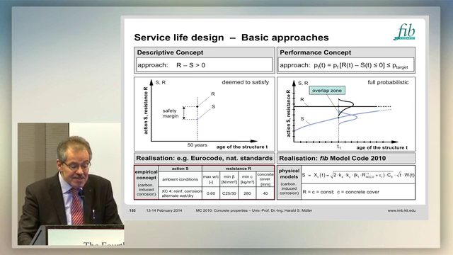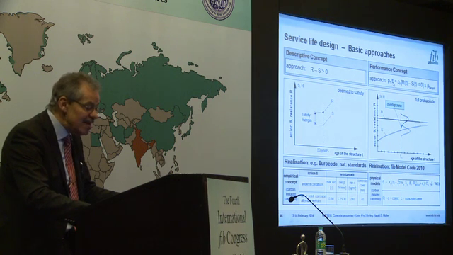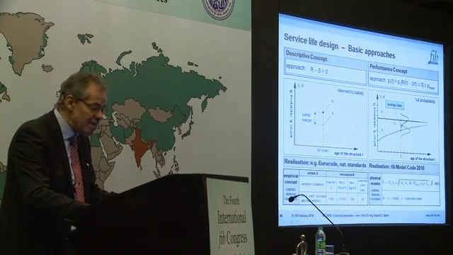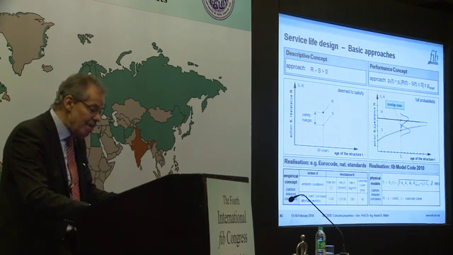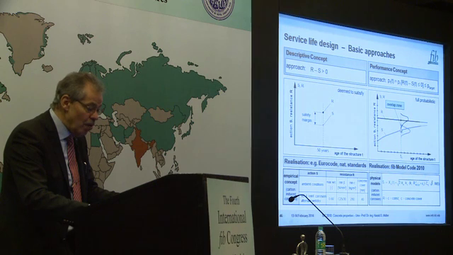Now, we have the same approach, but we have included probability. You see here again the resistance and the actions, but now they are functions of time, and they are statistical parameters. For example, if our resistance is a concrete cover, it is of course constant with the age, but the actions are moving on, and both are scattering, and we have an overlap zone.